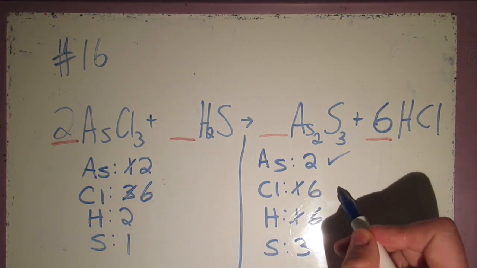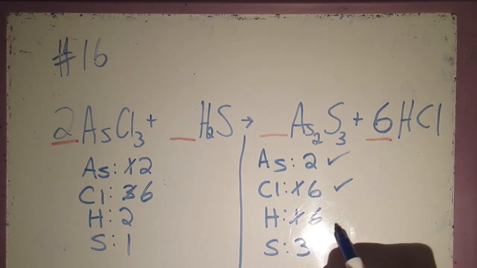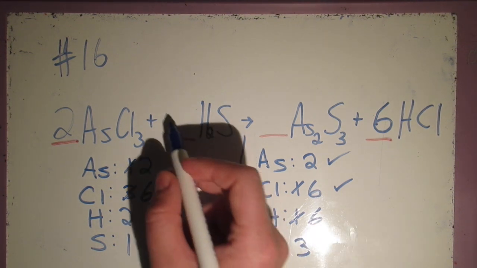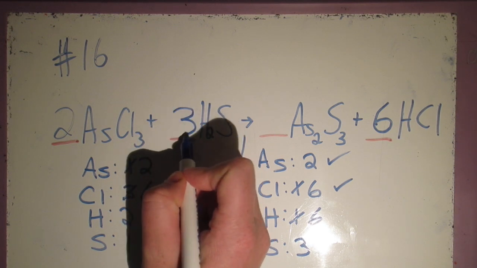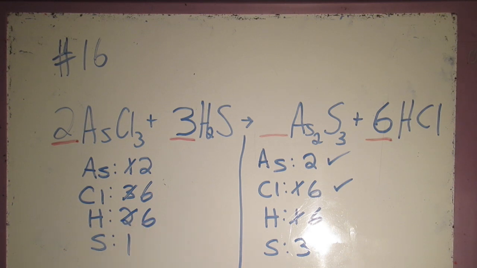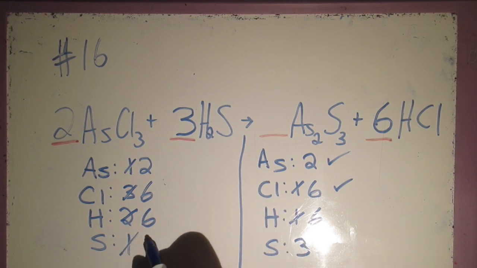Okay, so chlorine's good. But now hydrogen's not, so I've got 2 here, and over here I've got 6. So I'll multiply 2 by 3 to get 6. So I'll put my coefficient of 3 up there. That becomes 6. Then also sulfur becomes 3.